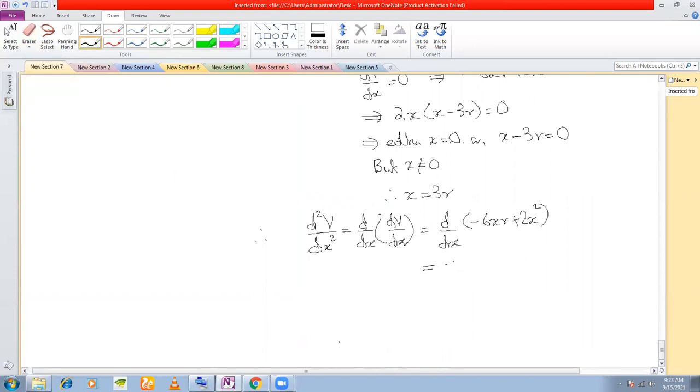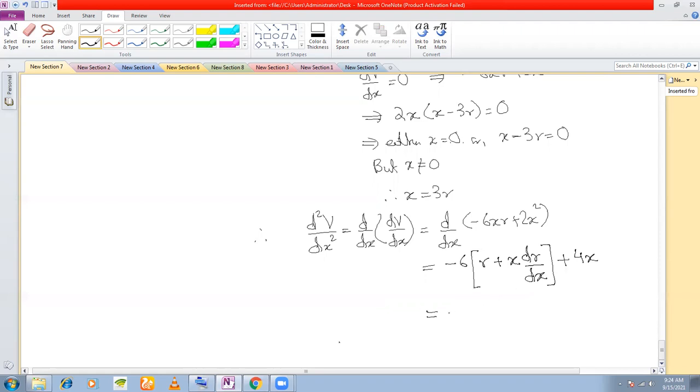Let's not forget that. So minus 6 into, you differentiate this xr by the u into v rule. So you get r plus x dr dx, right? Plus 4x, right?